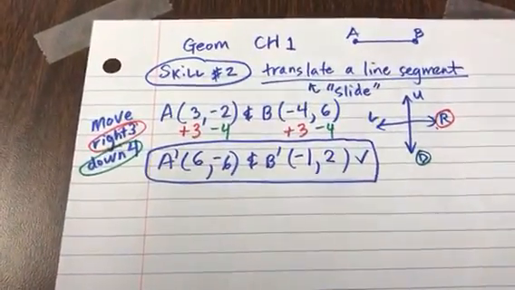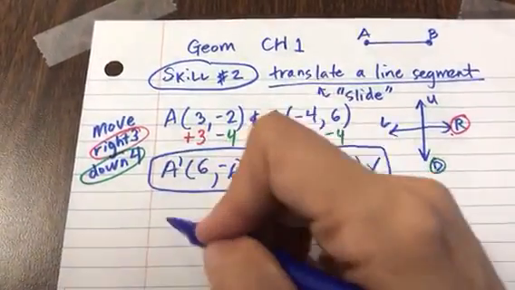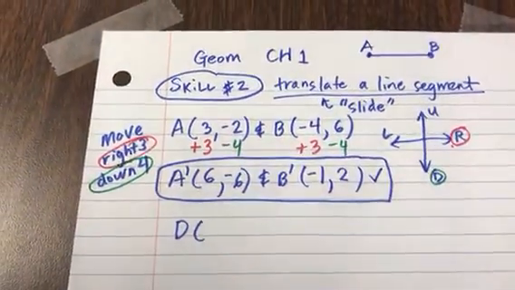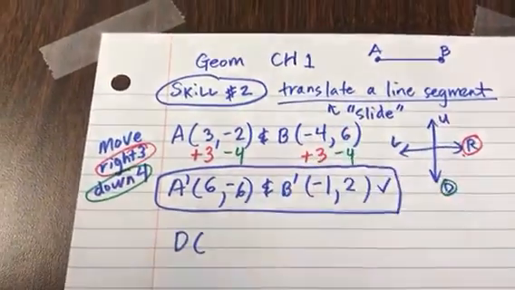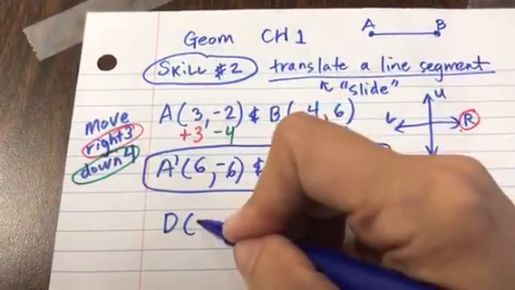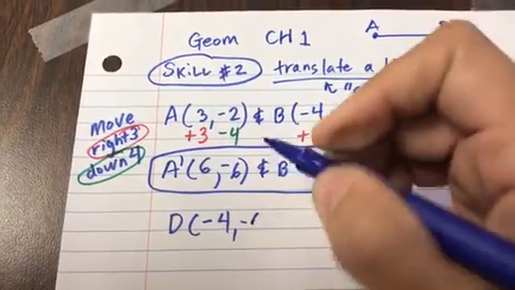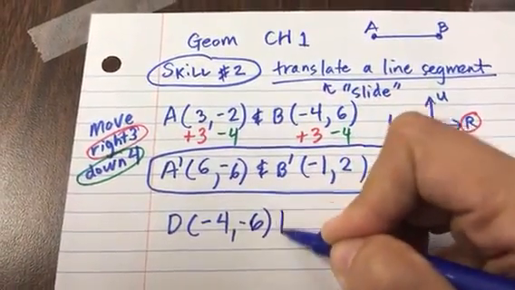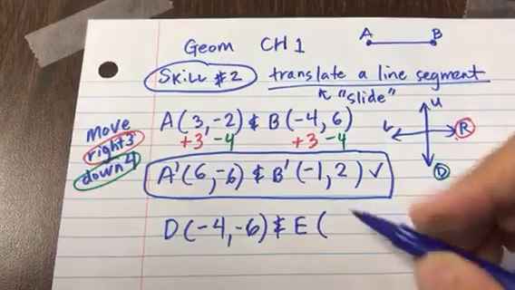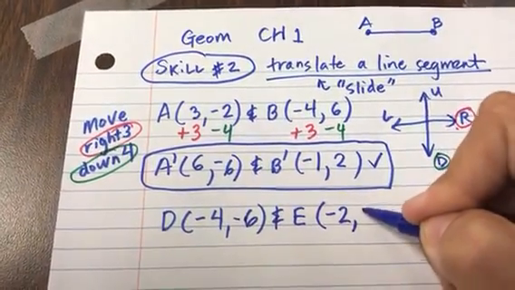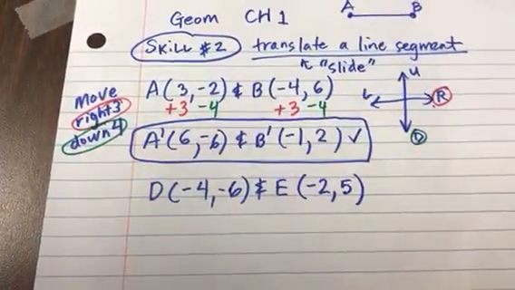Let's do another one. Imagine another coordinate they gave us, but maybe they get tricky on me. So let's say D and E, those are my coordinates.